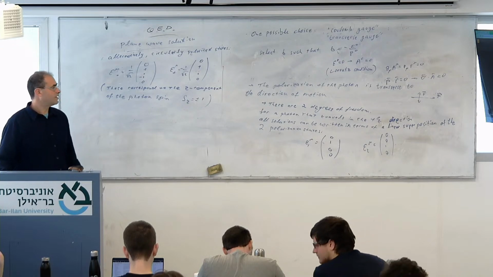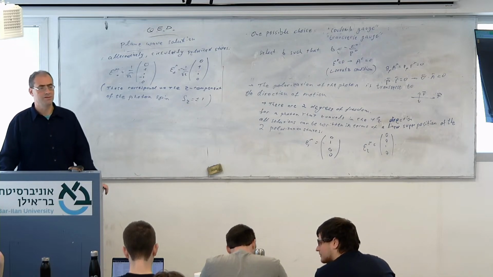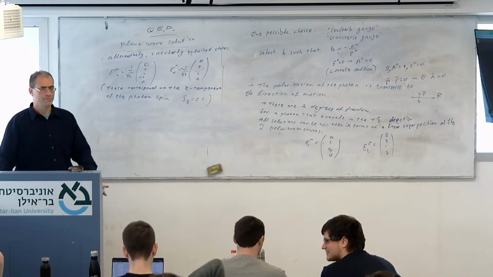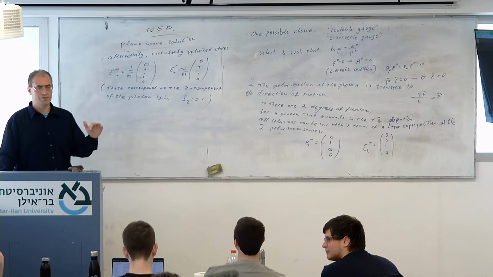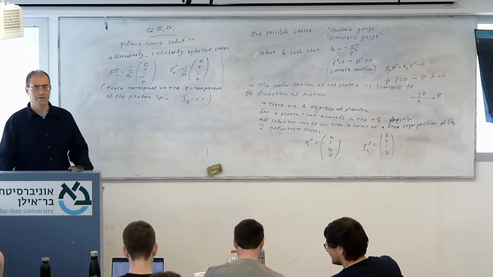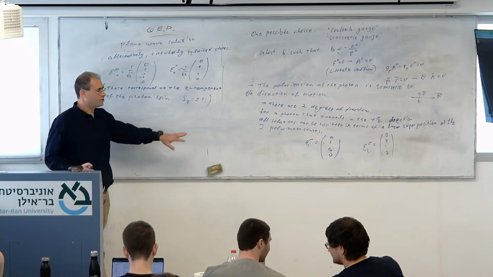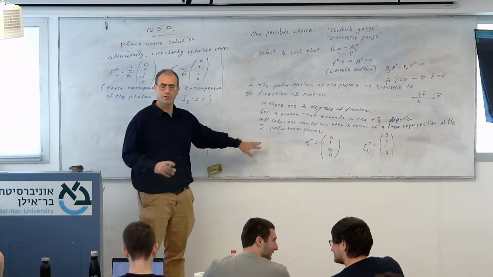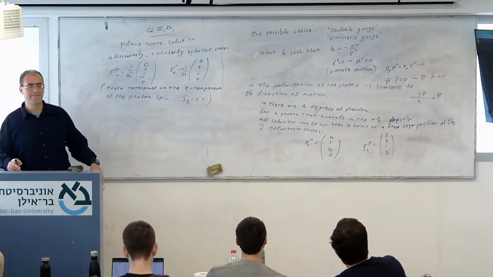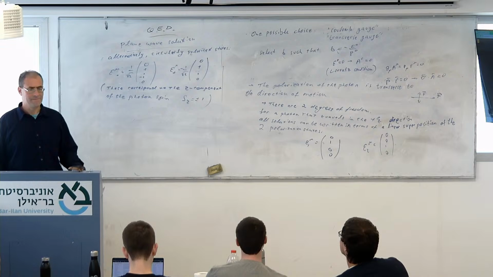Then we had the second from the choice of gauge. Since we have the gauge freedom, we can choose whatever gauge we want. So instead of 4, we ended up with 2. And these two correspond exactly to the polarization of the photons, and this is what we know, that photons can be polarized.